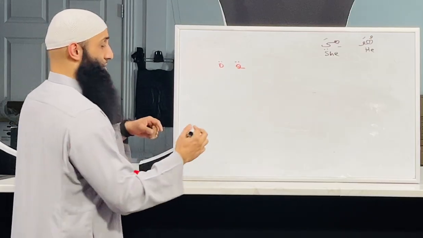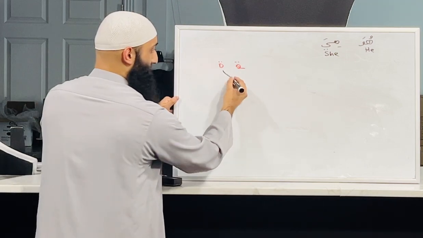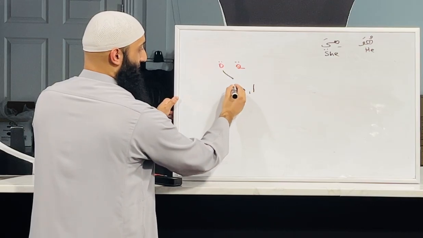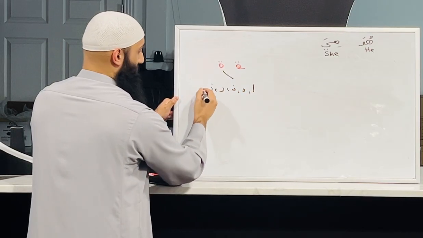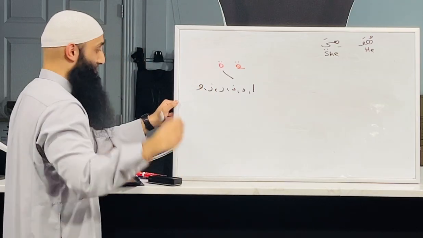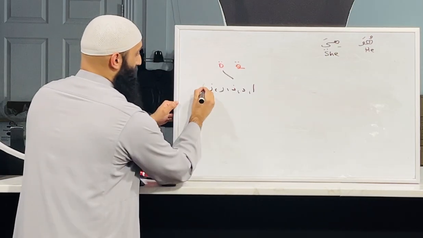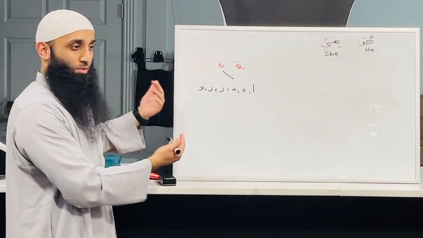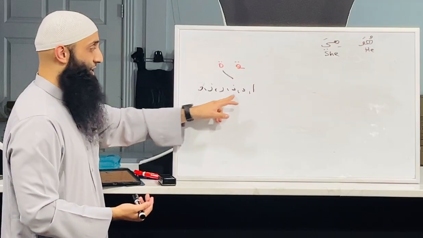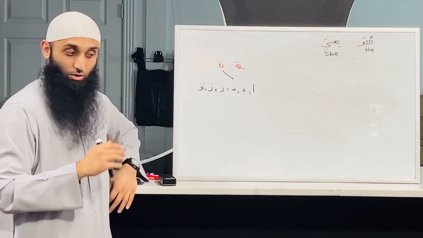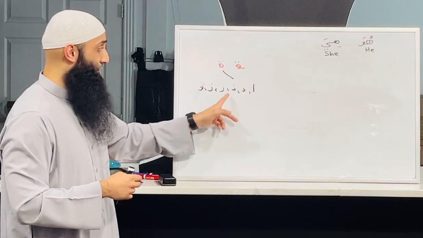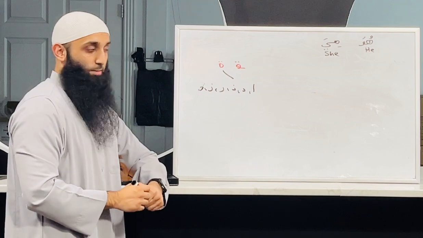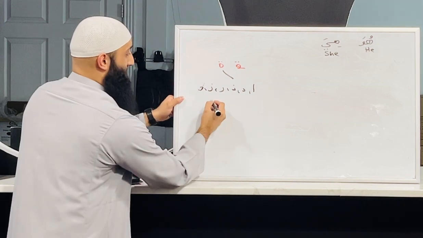I think there are 6 letters: if it comes after an alif, a dal, a ra, a zay, and then a waw. Because these can't connect with anything afterwards. If you go to the Quran, any of these letters doesn't connect with something afterwards. Therefore, the ta marbuta sits after it.